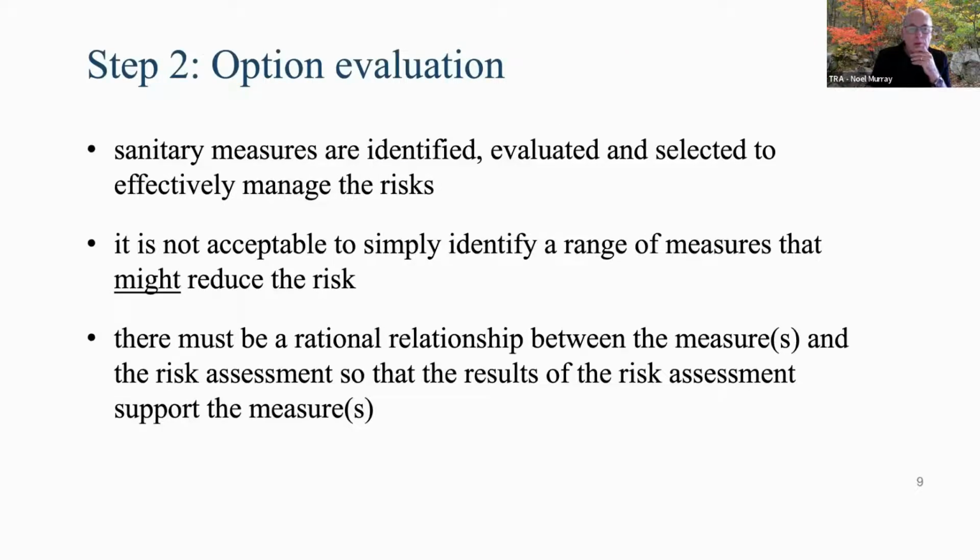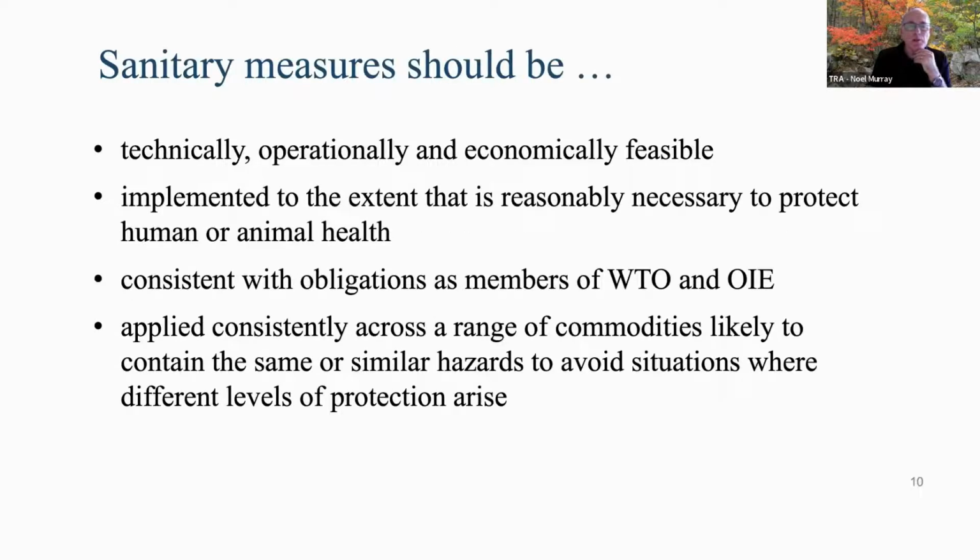So we turn attention now to option evaluation. This is where we identify potential sanitary measures. They are evaluated and selected to effectively manage the risk. We've already discussed that. So the measures themselves should be feasible, technically, operationally, as well as economically.